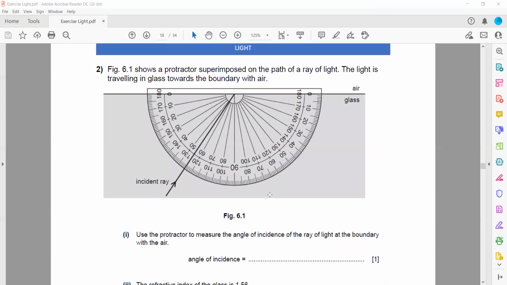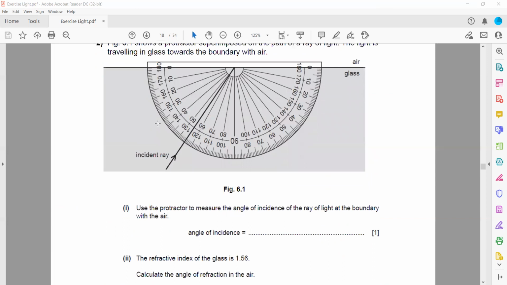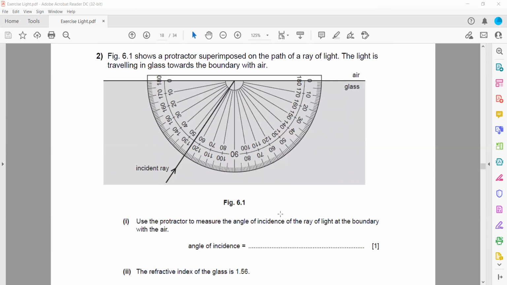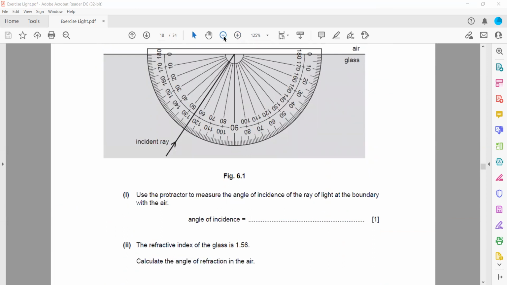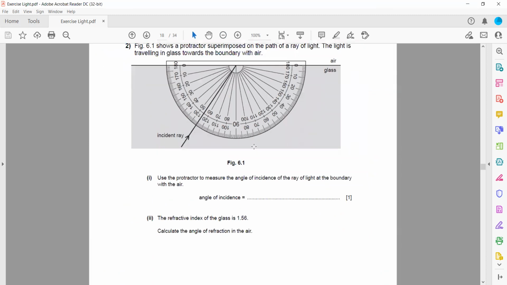So figure 6.1 shows a protractor which is superimposed on the path of a ray of light. The light is traveling in a glass towards the boundary with air. Then use a protractor, measure the angle of incidence. So the protractor is placed. We want to measure the angle of incidence.